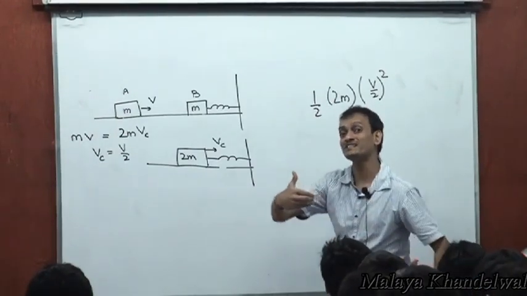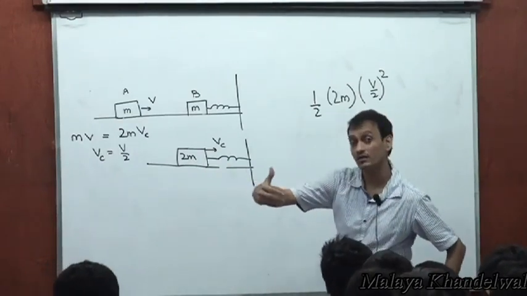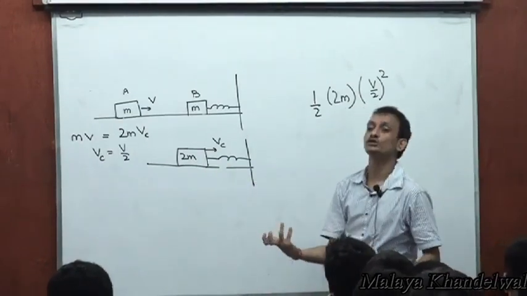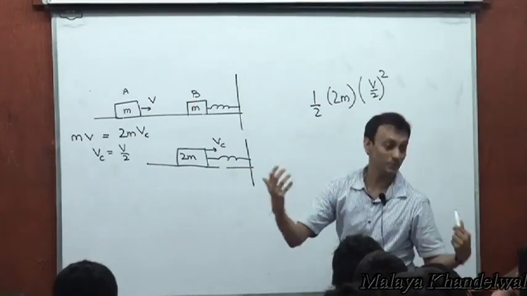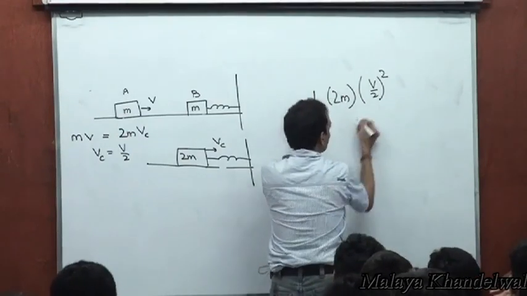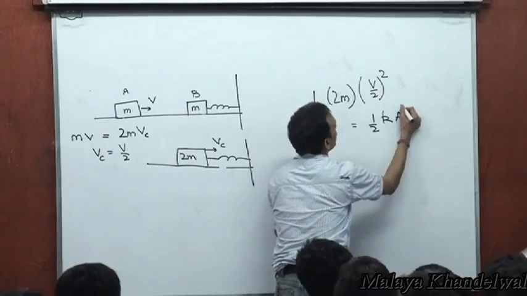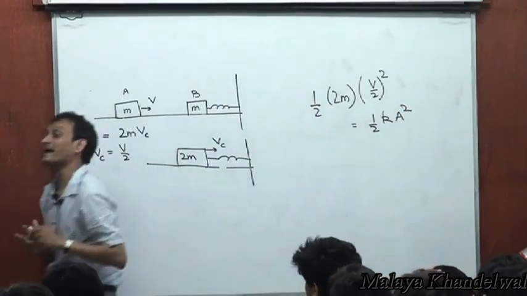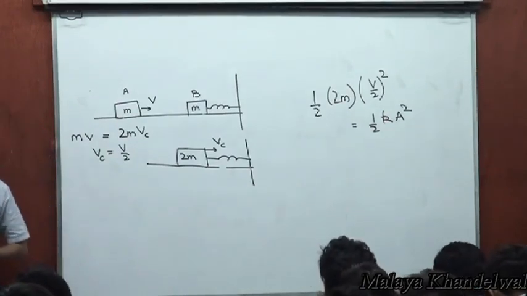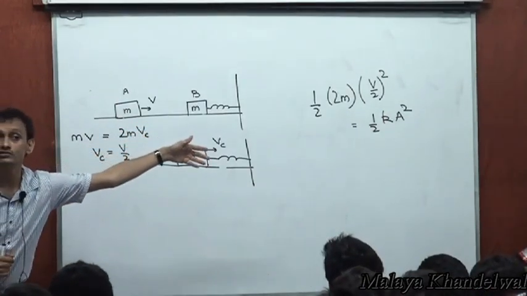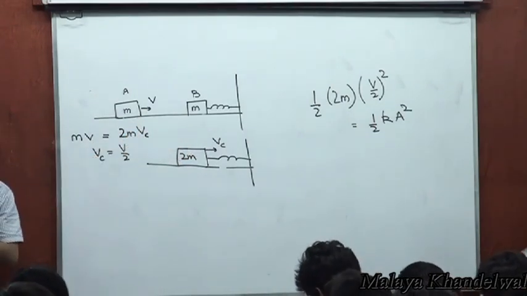Eventually, in the state of maximum compression of the spring, all the kinetic energy would surface as elastic potential energy in the spring. That is in the amplitude position. All of this will appear as half k a square, and this will give you access to the amplitude of motion. How about it? Sounds okay?